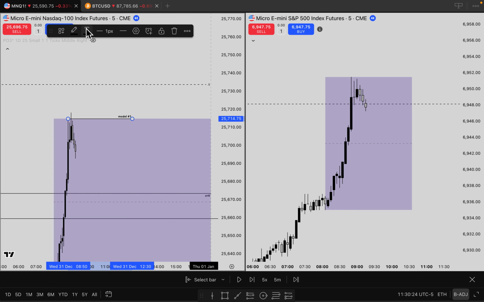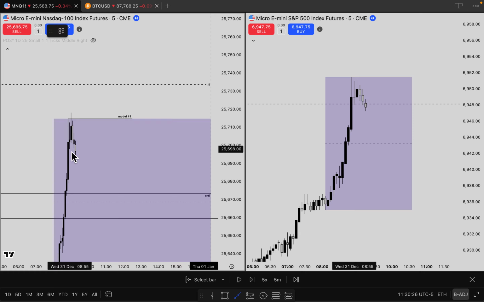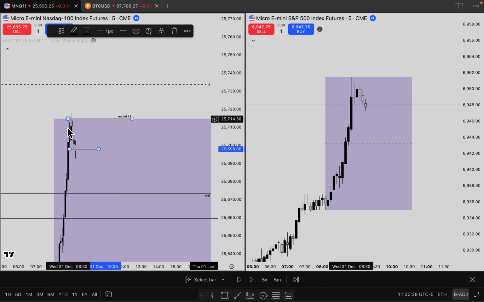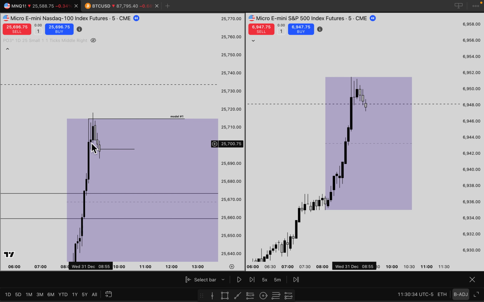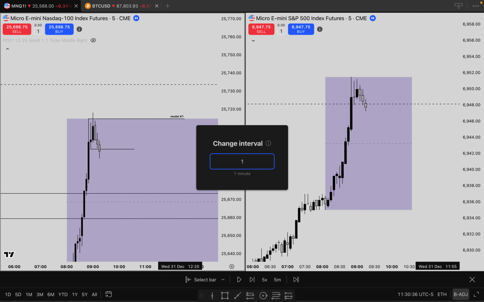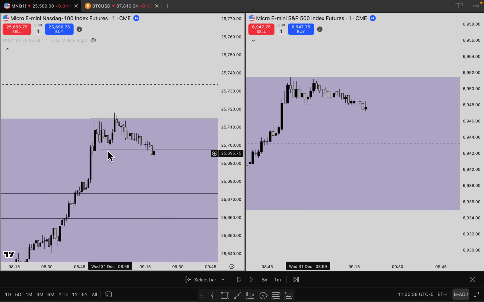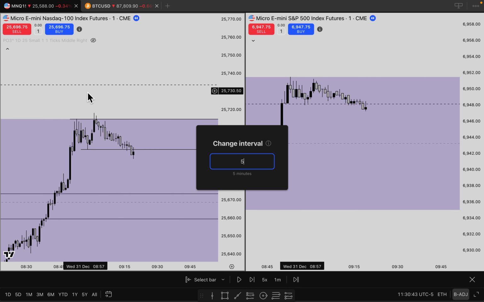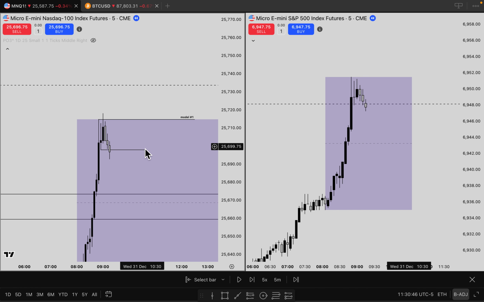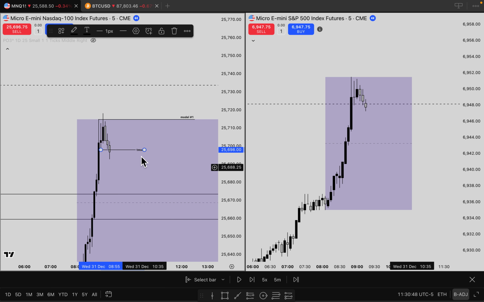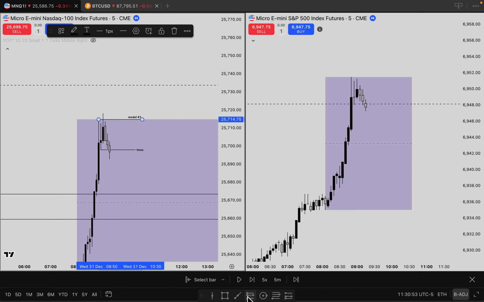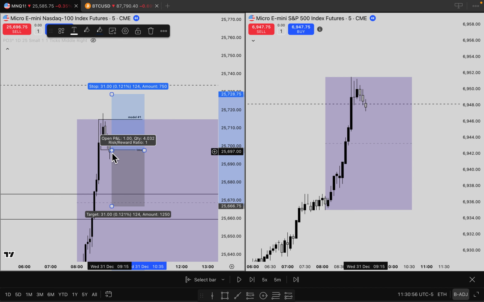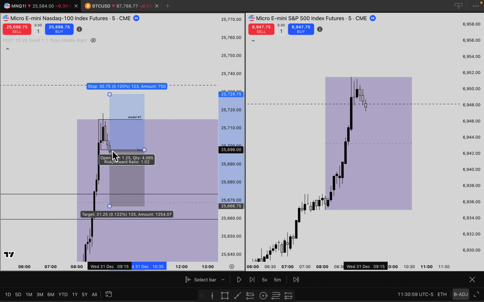The low that takes this high, zoom in, the low that takes this high, I'll show you on the 1, again, the low that takes the high, close below that, that's your true market structure shift. That's where I put my entry, right after this close.